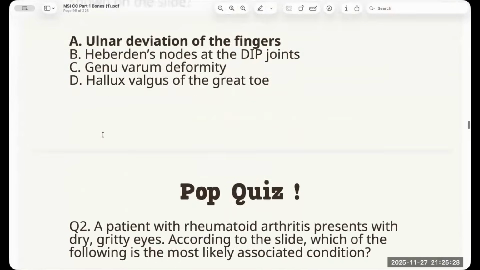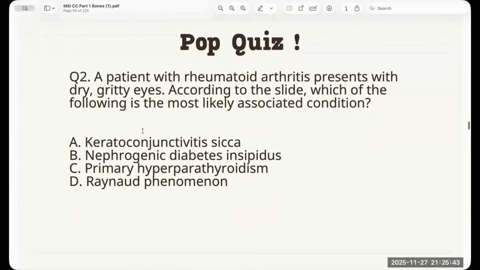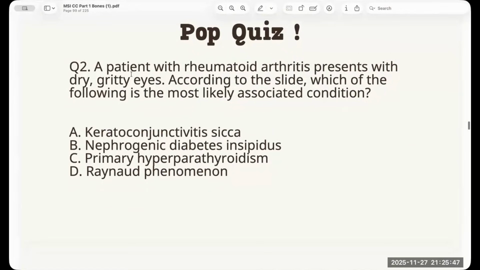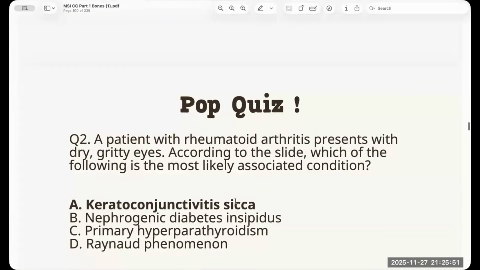A patient with rheumatoid arthritis presents with dry, gritty eyes. We just talked about this. Which of the following is the most likely associated condition? We just mentioned the syndrome that's related to dry, gritty eyes, Sjogren's syndrome, so it's keratoconjunctivitis sicca.